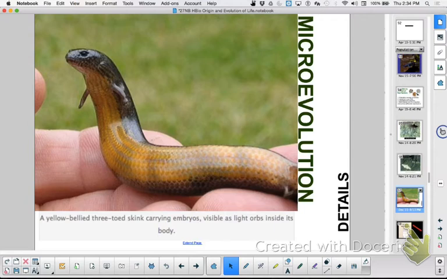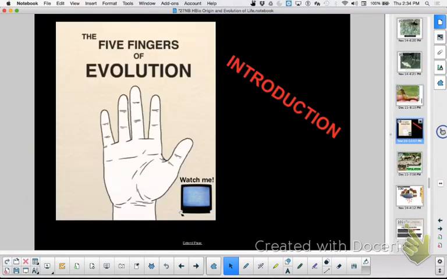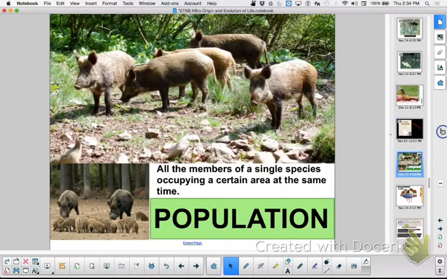Then we talked about, and you have this in Google Classroom, the 5 fingers of evolution if that will help you. The idea with population genetics is dialing in exactly what evolution is: a change in allele frequency.